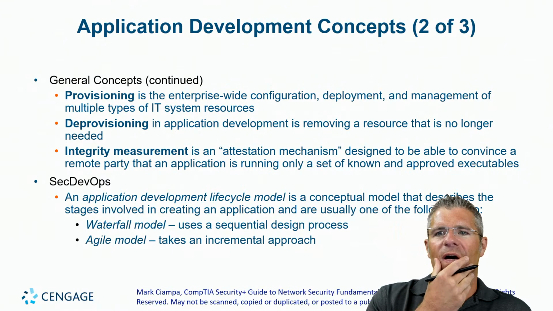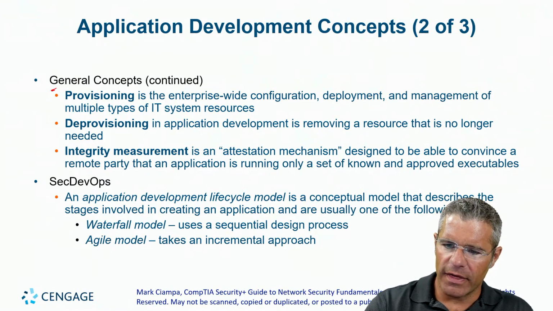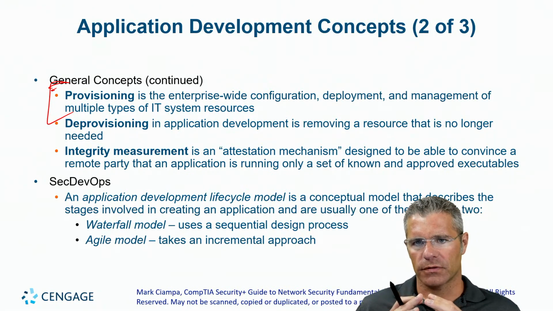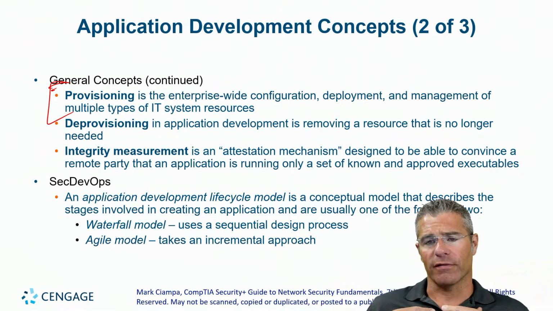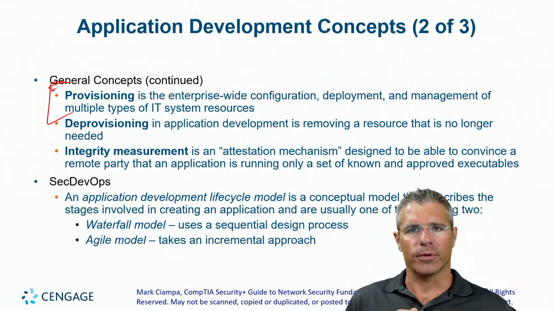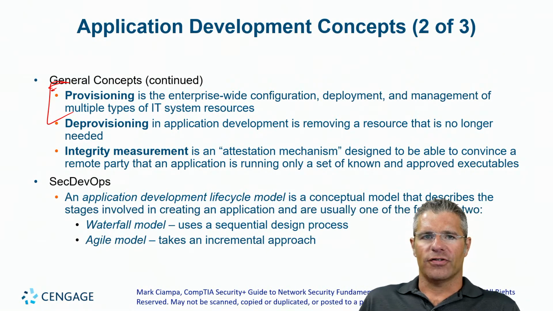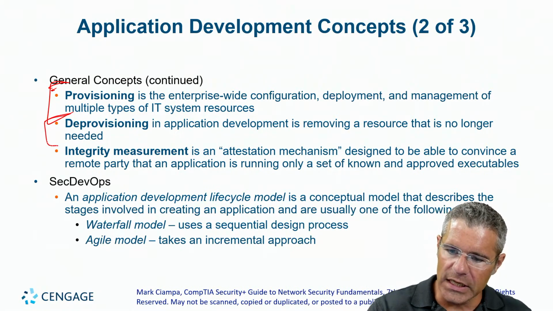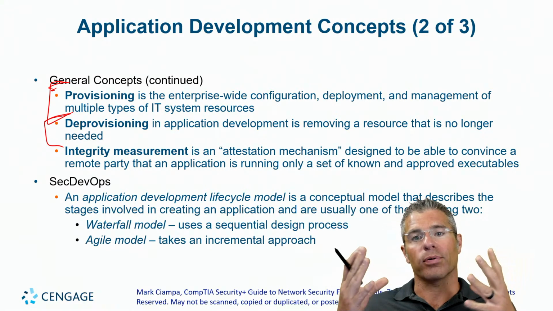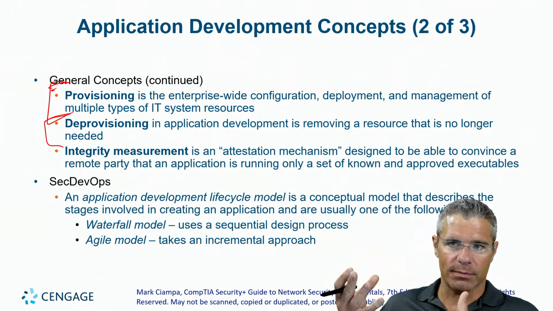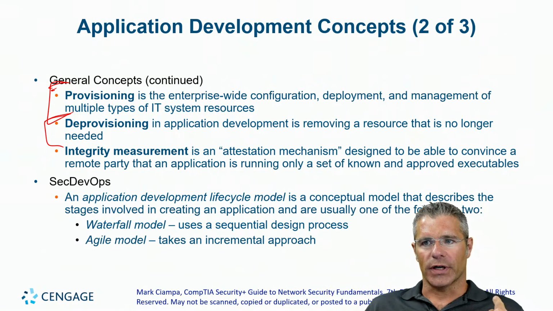So inside of a network, you need to provision things for systems, for any IT resource. Somebody has to provision you a printer if you want to print from your desk, and someone has to figure out how all of that business gets managed. And then when you quit, they have to de-provision all of those things. Or when a project comes to an end, like we needed a server for the XYZ project, and now the XYZ project's over, take that server down.